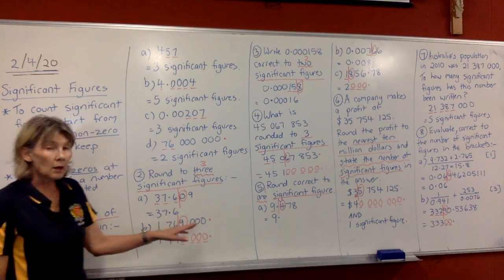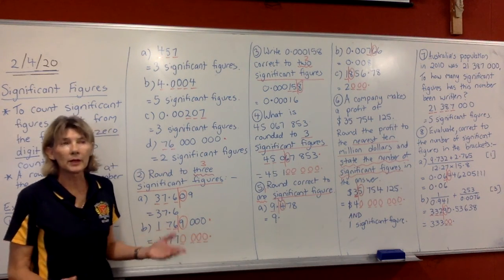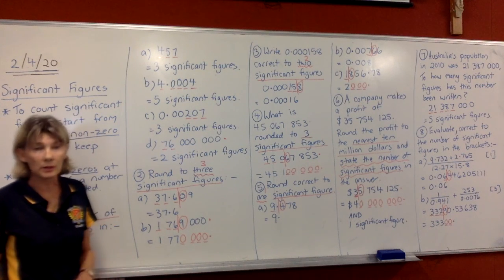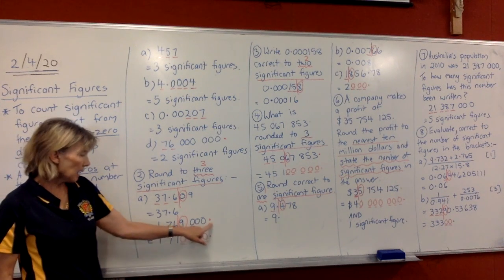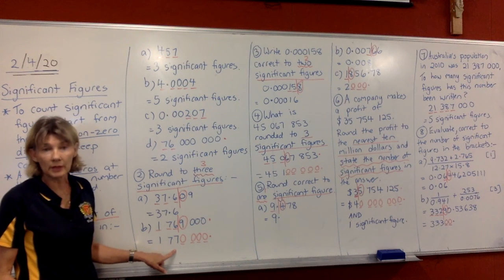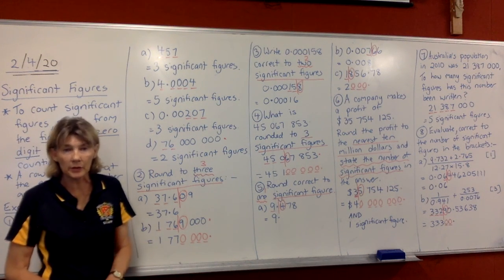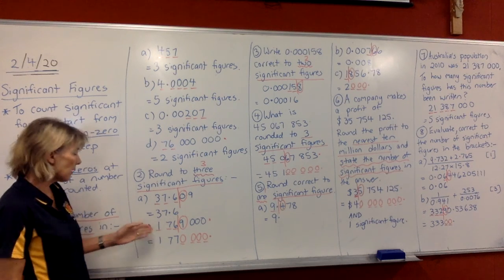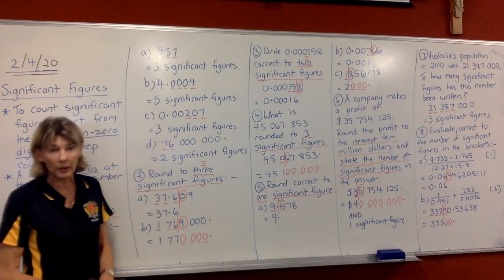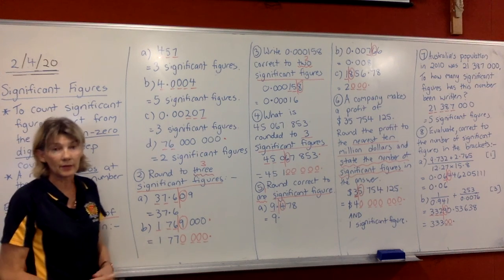Now, like we have done before when rounding to the nearest 1,000, you can't just leave the answer as 177. 177 is nothing like 1,769,000. We would never round 1,769,000 off to 177.